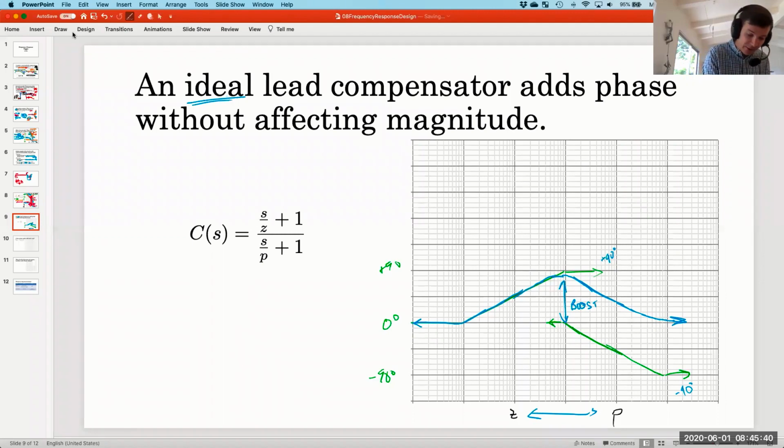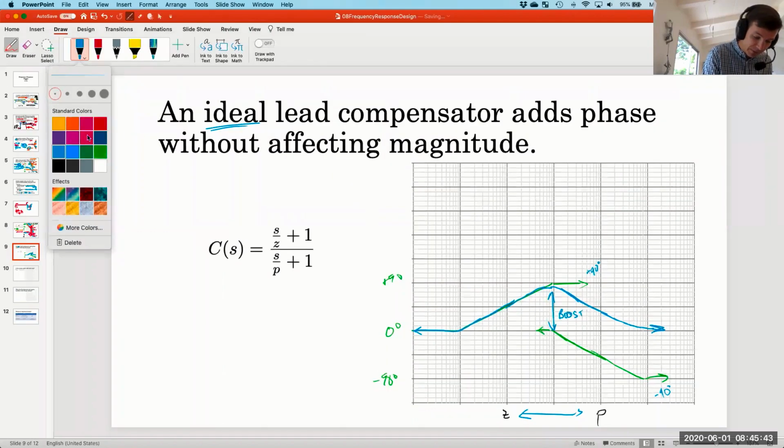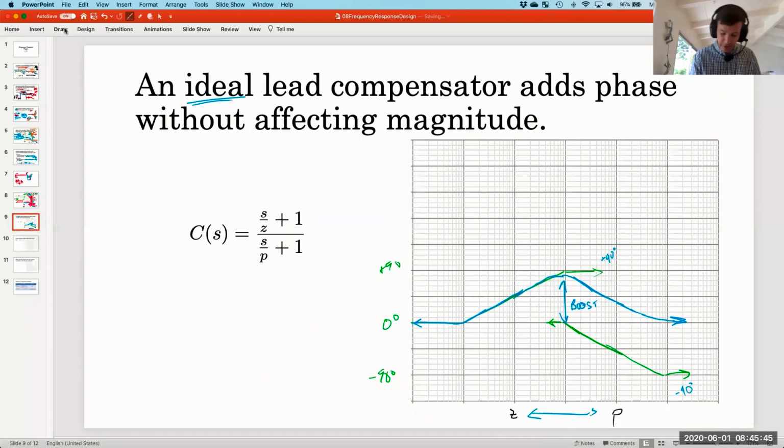If I were to take these two as I've drawn them, then the magnitude of the 0, let's say this is 0 dBs, hangs out at 0 until it starts rising by 20 dBs per decade. And I'm going to compress the magnitude plot here. So here, this would go something like so. The pole does the same thing, but you flip it on its head, and then it rolls off at 20 dBs per decade.